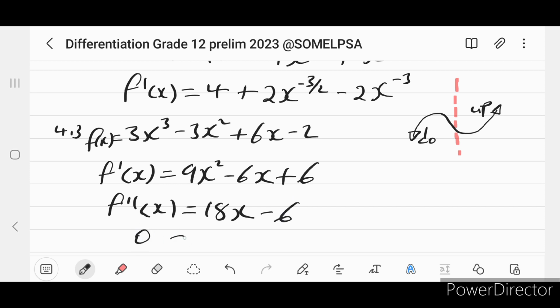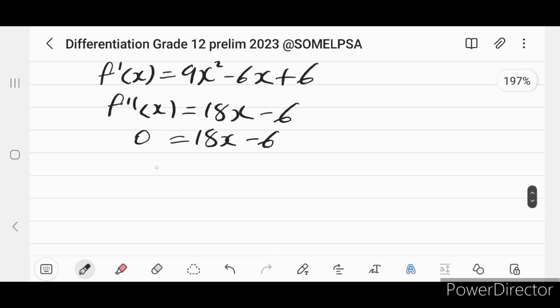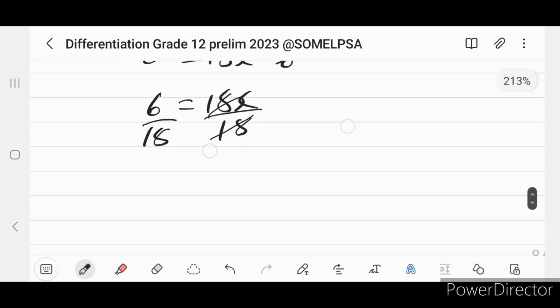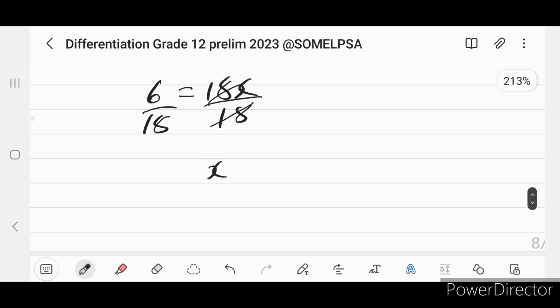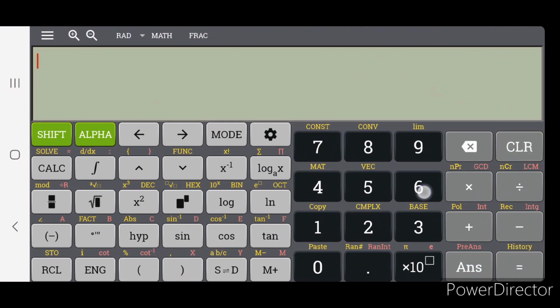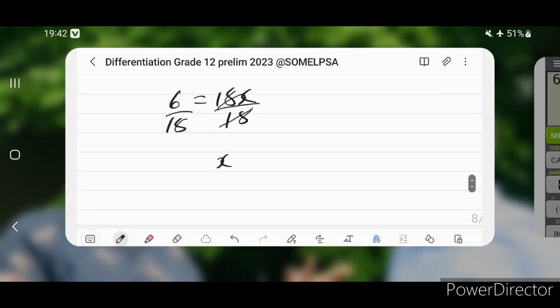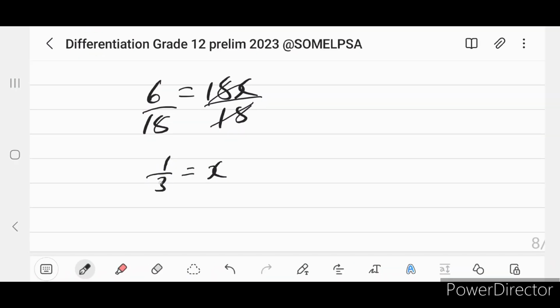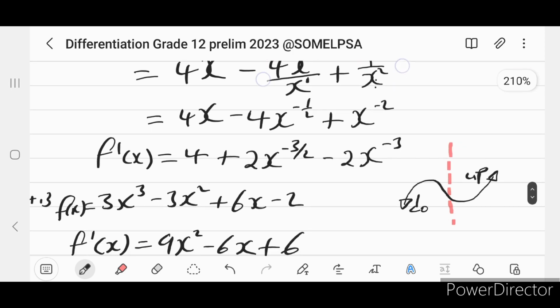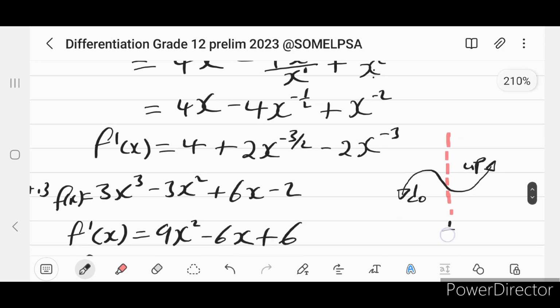Then I equate this to 0. 18x minus 6 equals 0. The 6 comes to the other side. 18x divided by 18 on both sides. So x equals 6 over 18, that is 1 over 3.